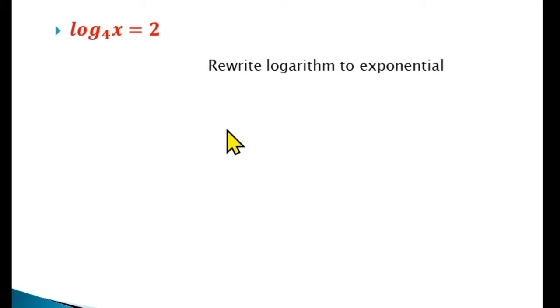Remember that in order for us to rewrite a logarithm to its exponential form, the base of your logarithm becomes the base of your exponential. The x variable in your logarithm becomes the answer to your exponential, and the answer to your logarithm becomes the exponent to your exponential.